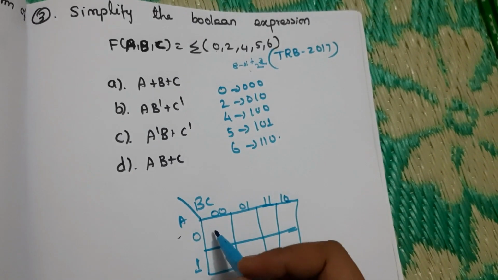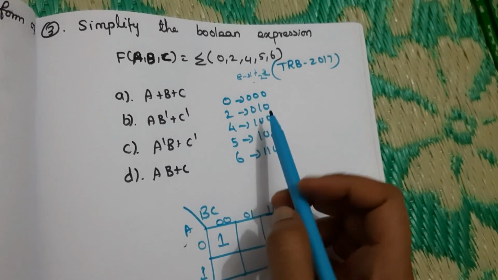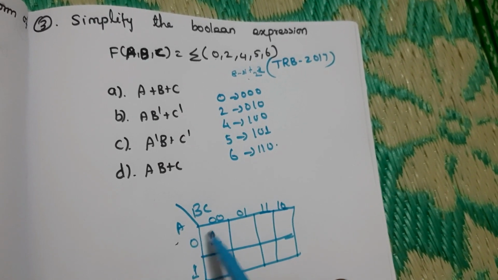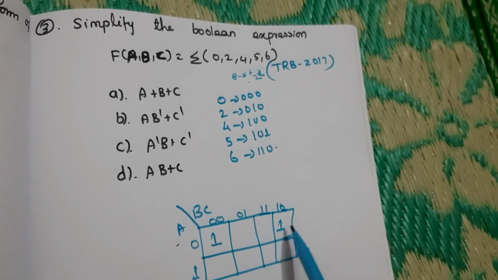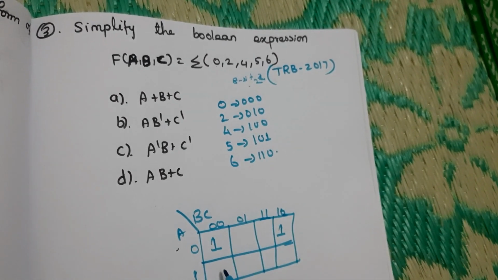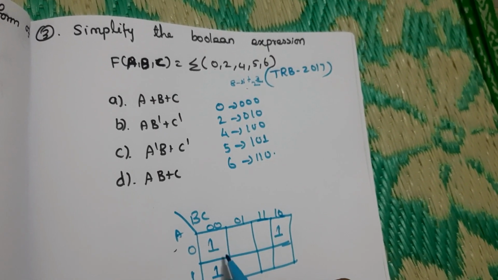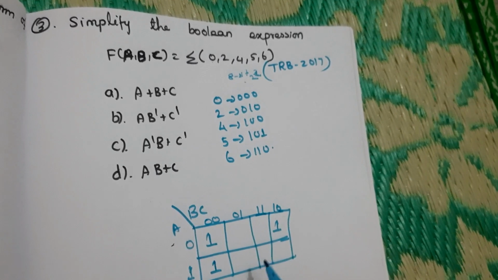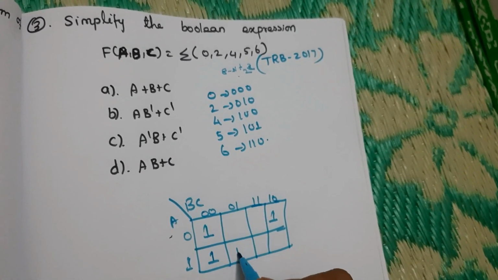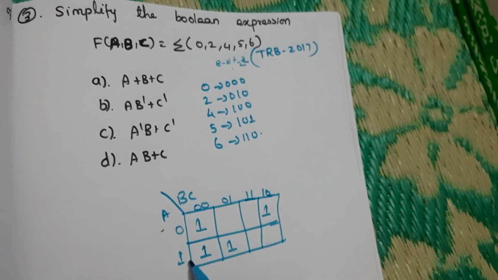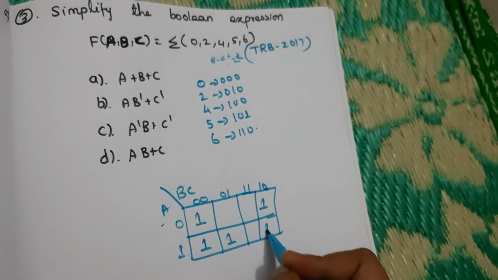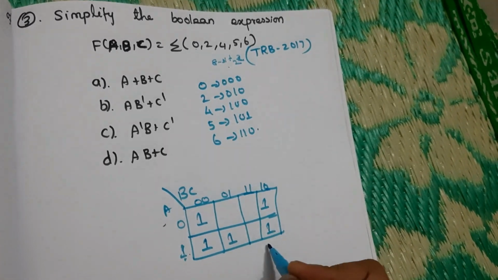So for 0 0 0 we have output 1, and 2, which is 0 1 0, also 1, and 4, which is 1 0 0, and 5, which is 1 0 1, and 6, which is 1 1 0.